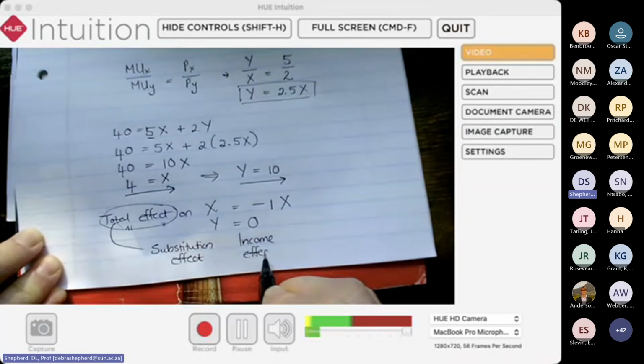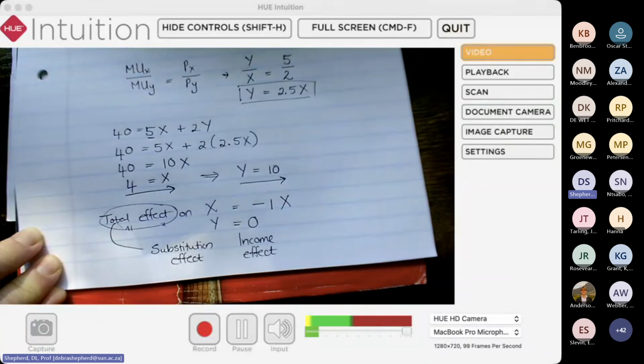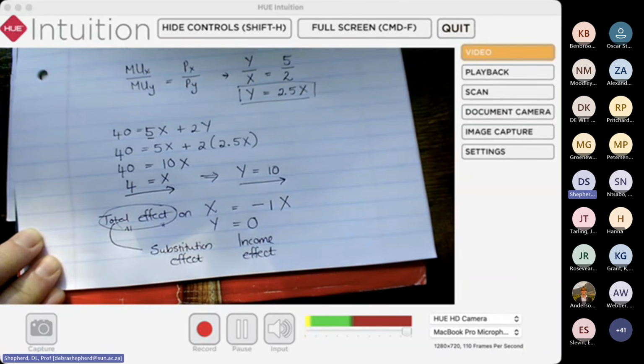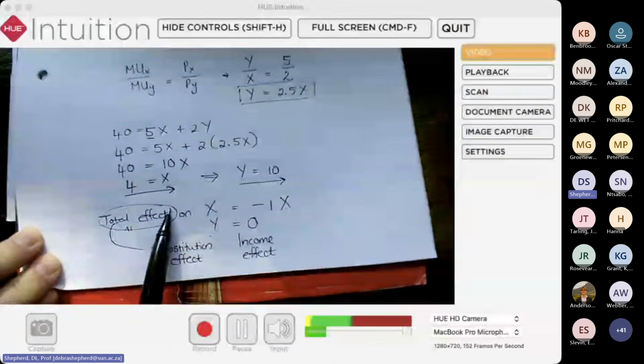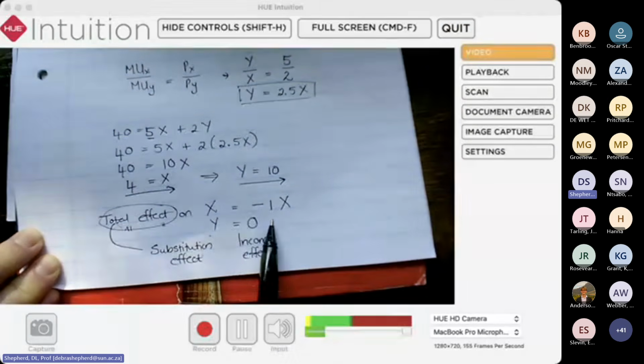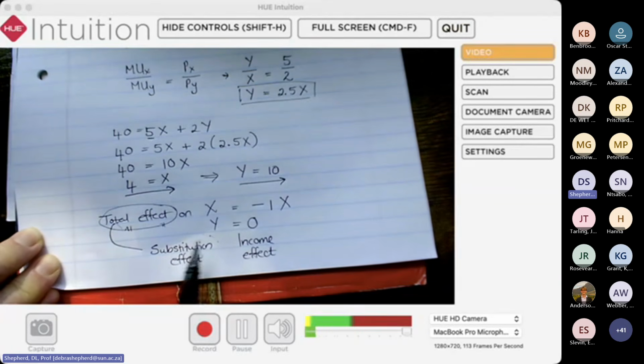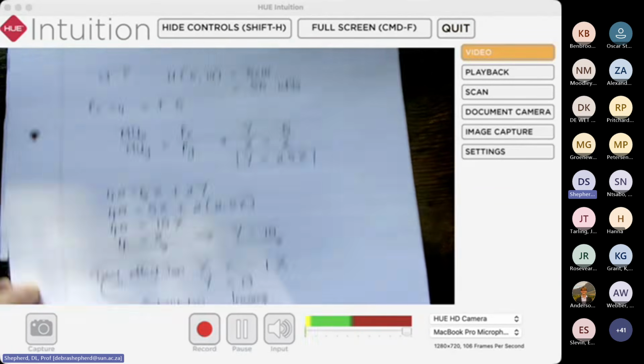So what we're going to do now is use math to find the substitution and the income effect of this price change. We're going to decompose these effects into 2 parts.